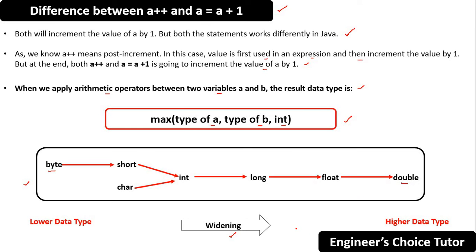Now it's time to discuss the story of a = a+1. Let's understand the story with the help of an example. Byte a = 20, a = a+1, System.out.println, I am trying to print the value of a. Is it clear? So here, what is this a+1?